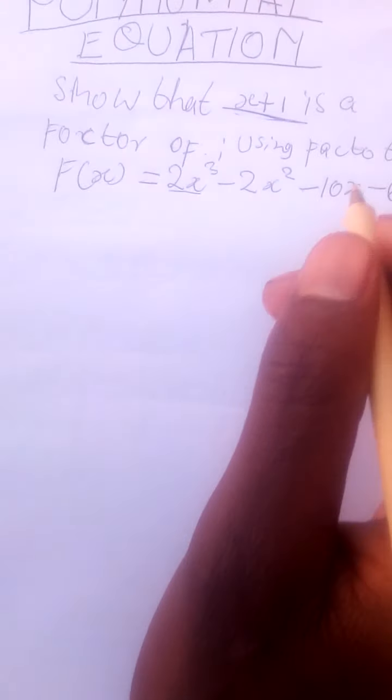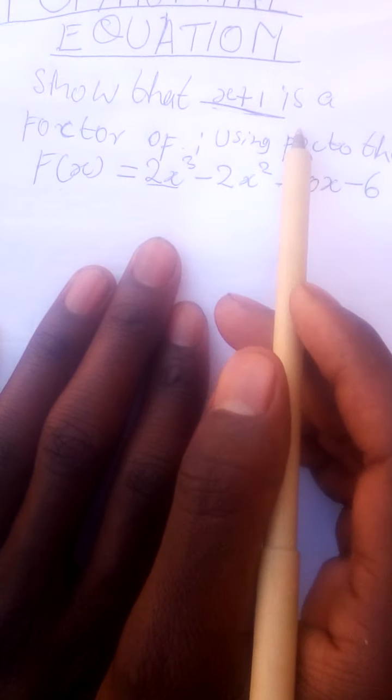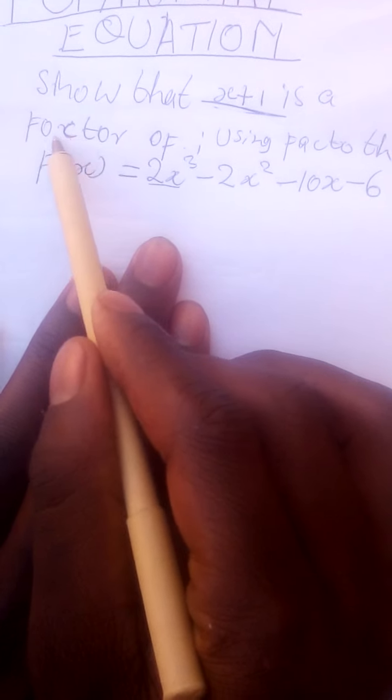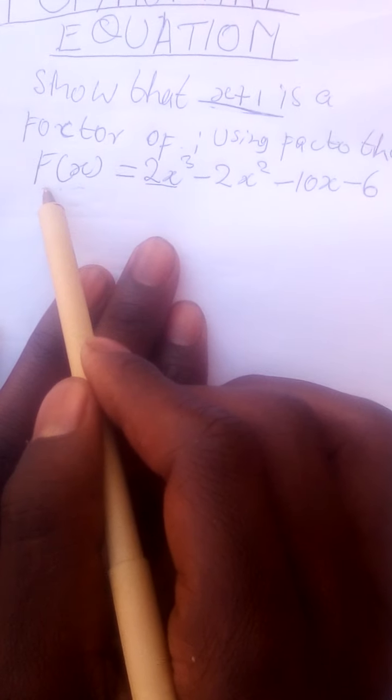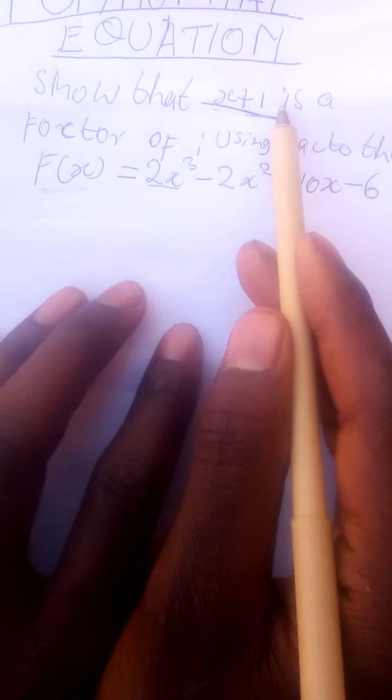All right. So the first thing you need to do, in order for us to be assured that x plus 1 is indeed a factor of f(x), is to equate x plus 1 equals 0.